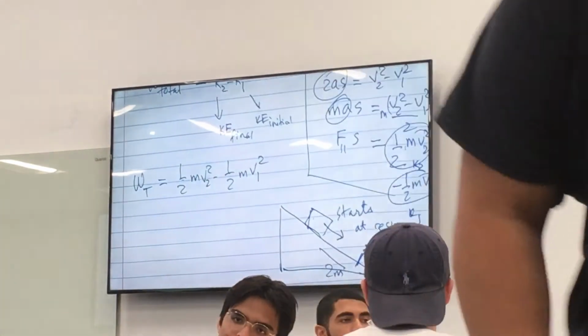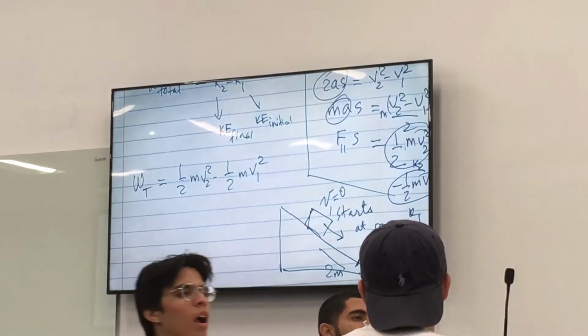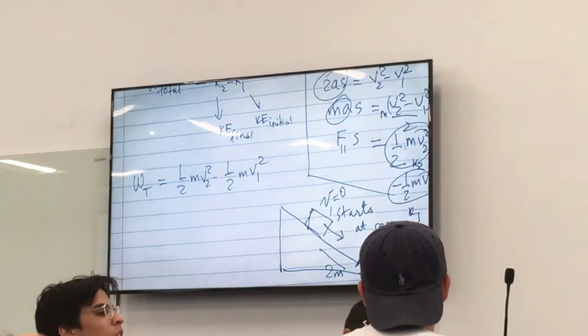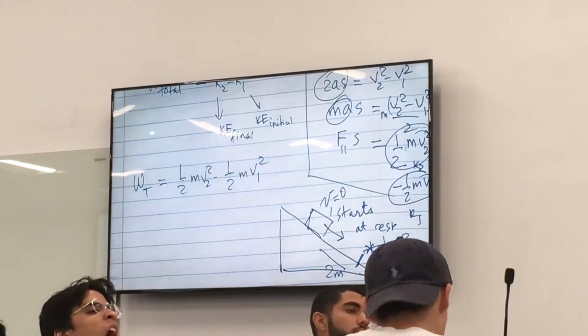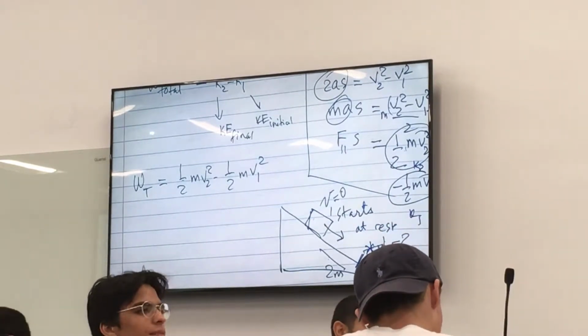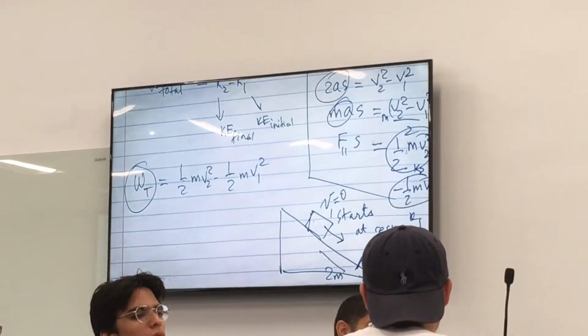Can you calculate this? Let's say the velocity here is v1, which is 0, because it starts from rest, and we just need to calculate v2. What is the final velocity there? Now, the nice thing is that we already know what the total work done is by all the forces, by gravity, by friction.